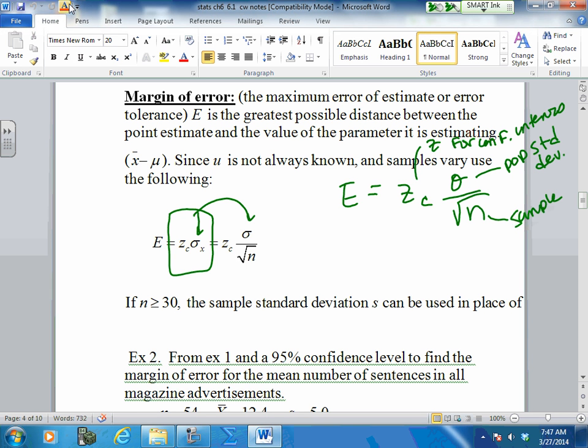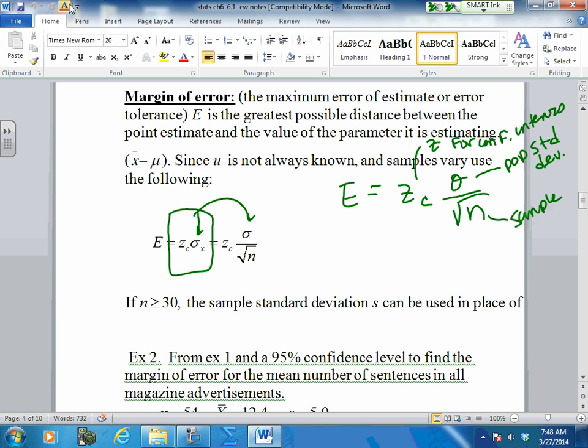You're going to put it all together, and we're going to make a margin of error. That's the plus or minus guy. When we say 3 plus or minus 2, 2 is your margin of error. Now, if your sample size is greater than or equal to 30, you can also use your sample standard deviation. And you really don't have to worry about that because that's the way this course is built.